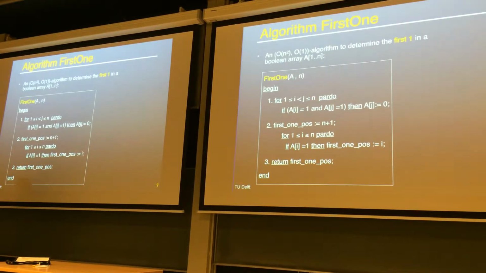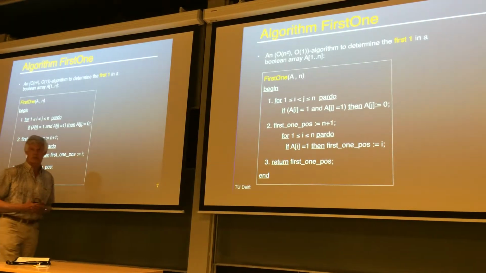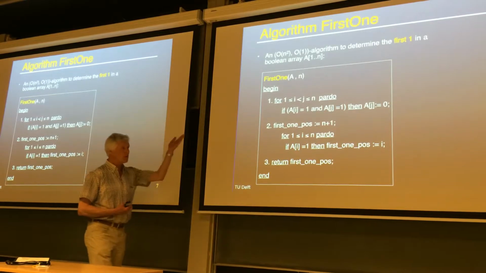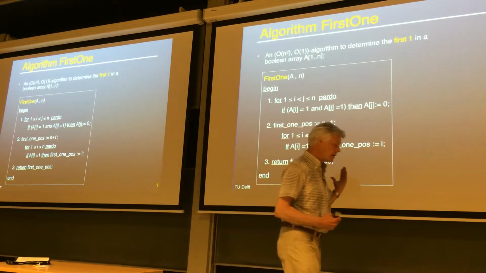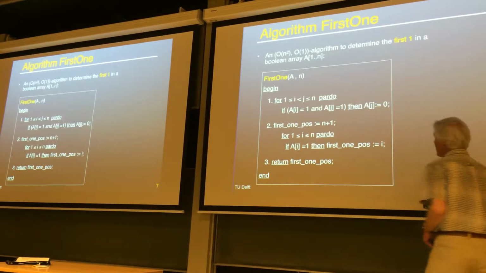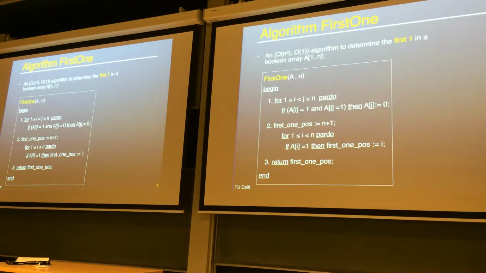First one is too costly for us to perform, but basically answers our question. And here again the idea is that if you compare for every i less than j, ai and aj, and you discover that ai and aj are both equal to 1, then you set aj to 0.